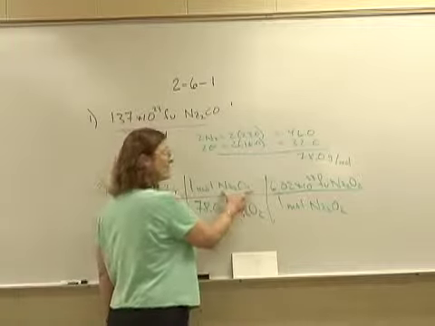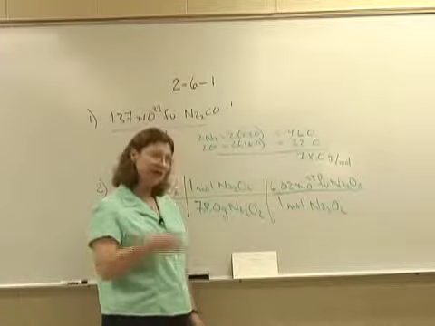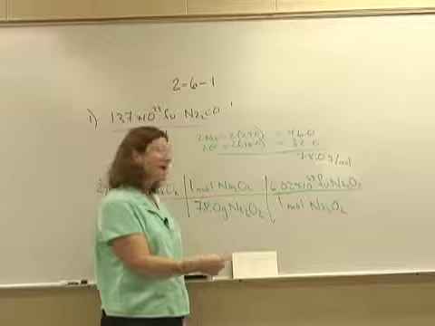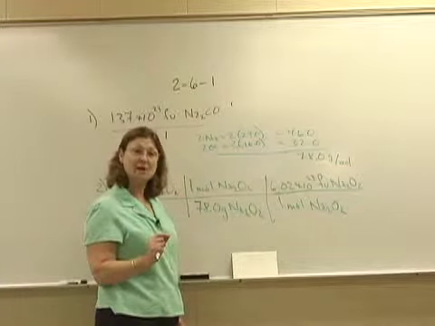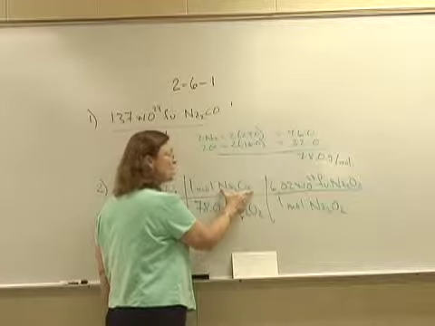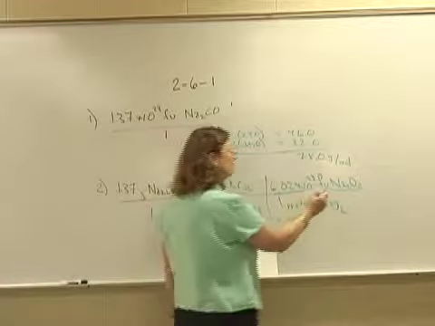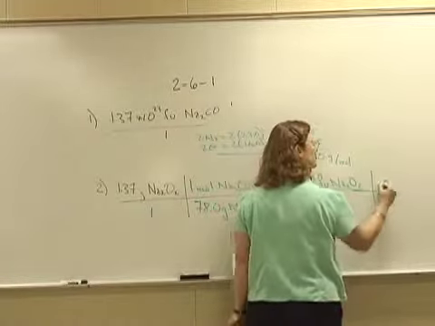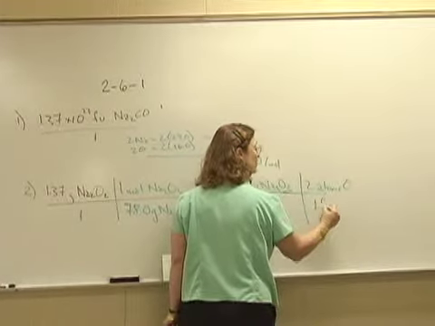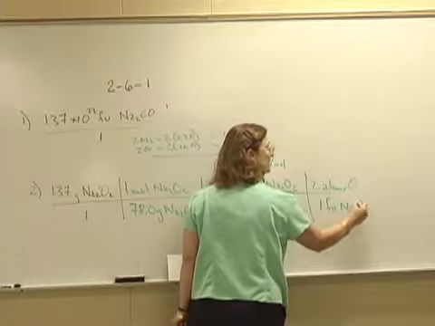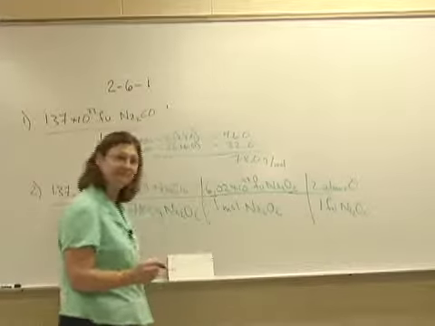And I have a compound here, so I had to go to formula units first. Then I look in the formula and I see there are 2 atoms of oxygen for every one of these formulas. Therefore, my new conversion is 2 atoms of oxygen in 1 formula unit of sodium peroxide.